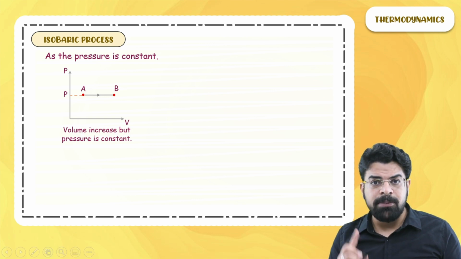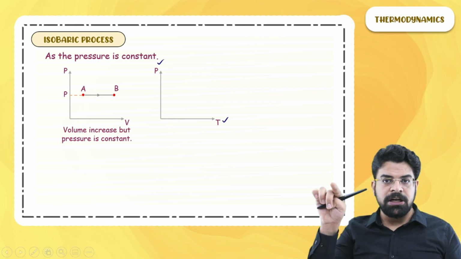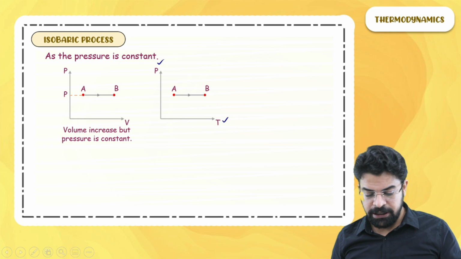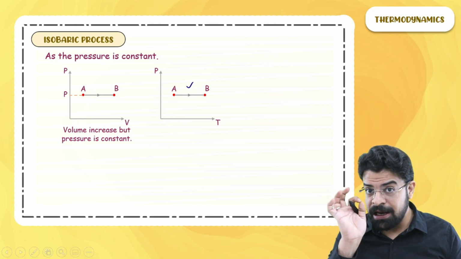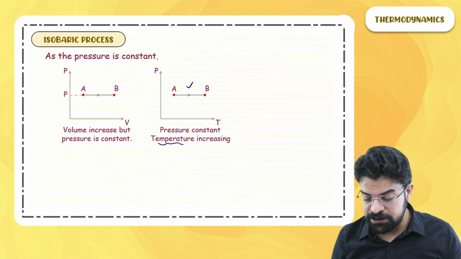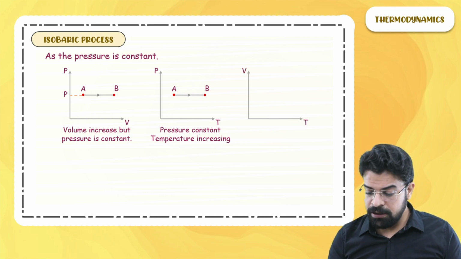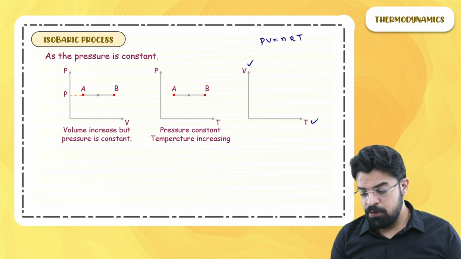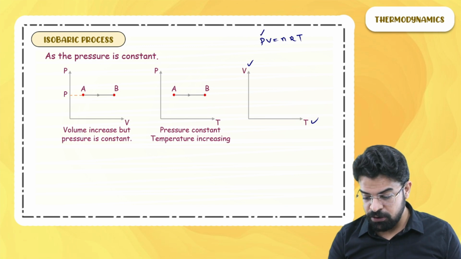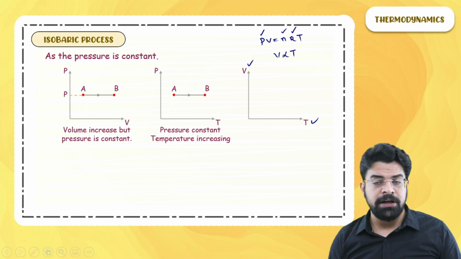If you think of the same process on a PT diagram, pressure-temperature diagram, again the pressure has to be constant as the temperature increases. So this particular process shows an isobaric process in which temperature is increasing. If you draw the isobaric process on the VT diagram, you know that PV equals nRT. For an isobaric process, pressure is constant, n is constant, R is constant, so the volume is directly proportional to temperature.